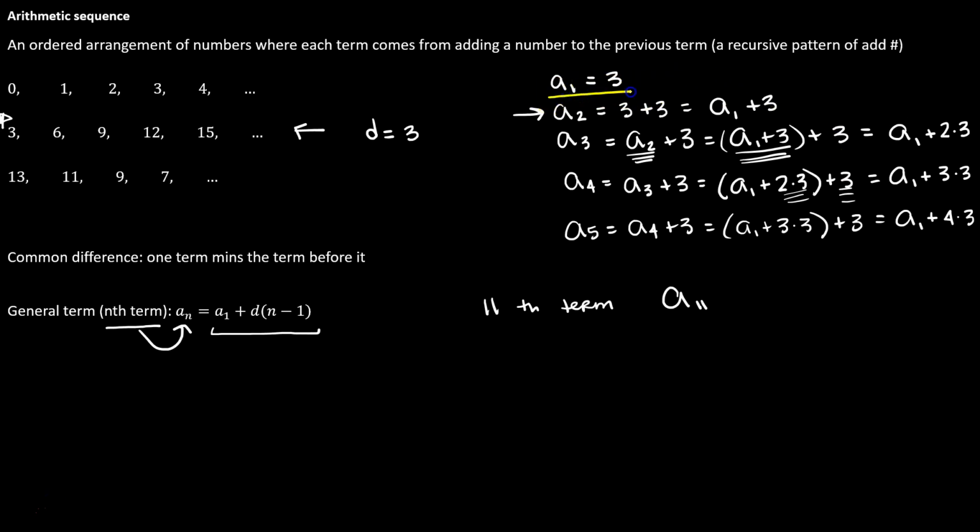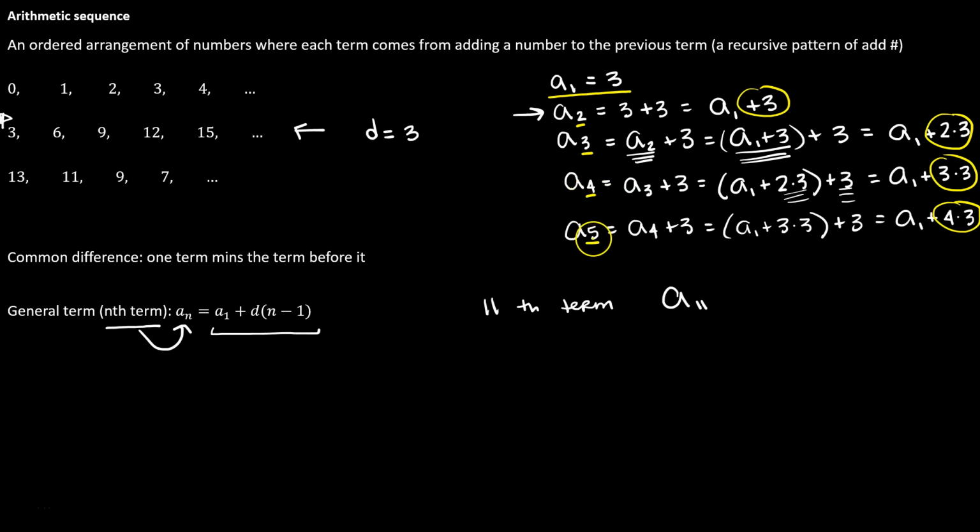After we've picked what a sub 1 is, we've added 3 to it multiple times. And the number of times we're adding 3 is related to the position in the sequence. So for a sub 2, I'm adding 3 once. For a sub 3, I'm adding 3 twice. For a sub 4, I'm adding 3 three times.